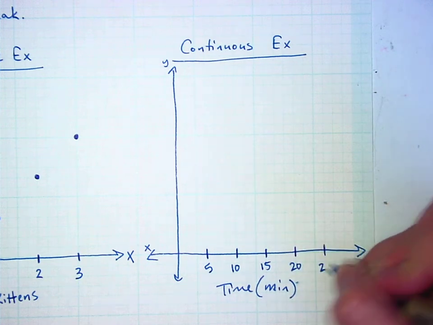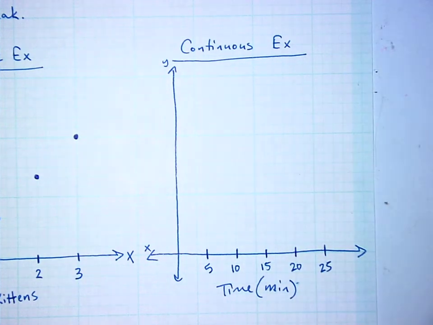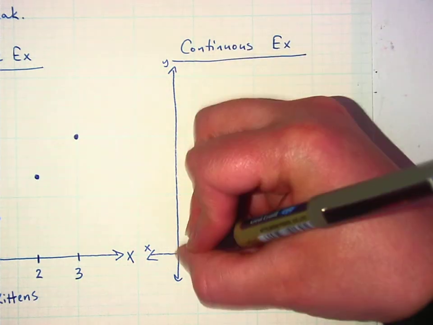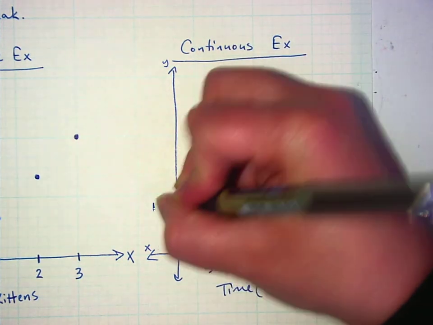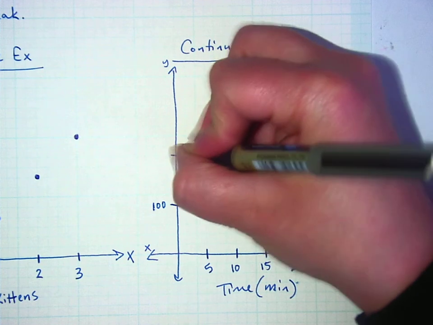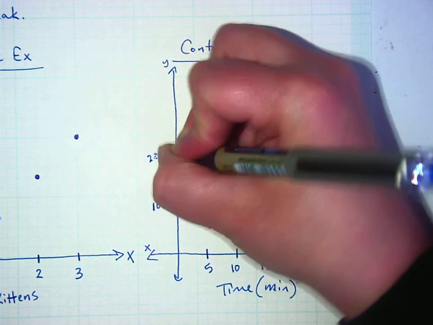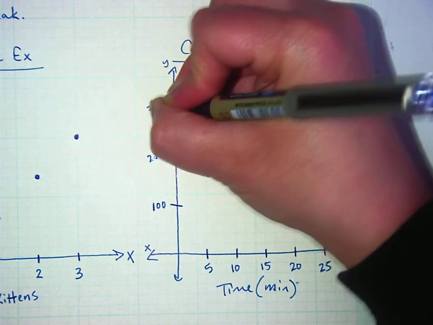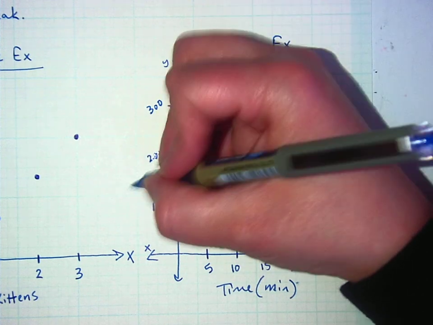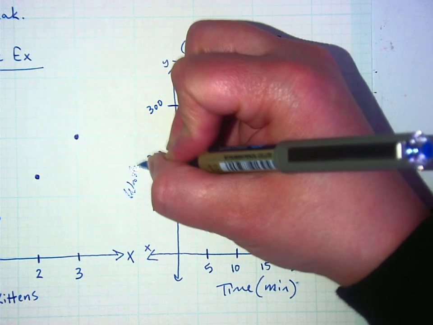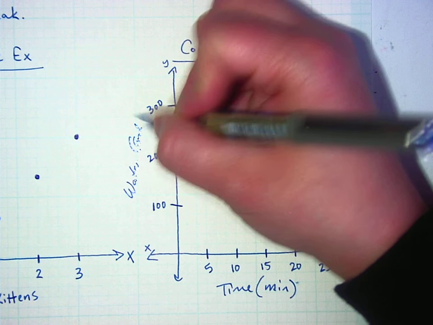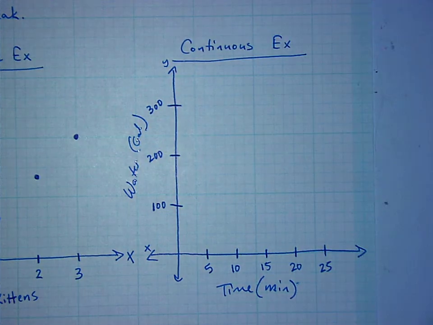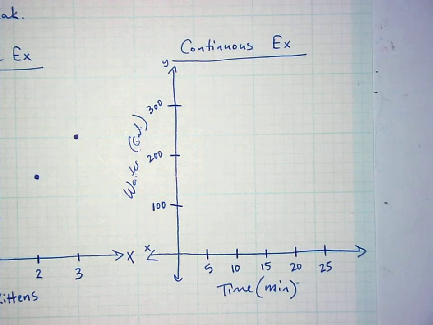We'll go to 25. Over here, I think I'm gonna go by hundreds. And over here is the water, and I'm measuring that in gallons. You guys see how I always put what I'm measuring it in parentheses?